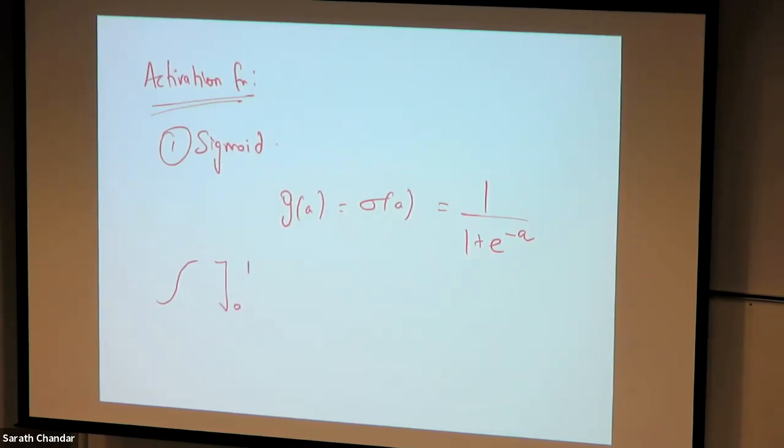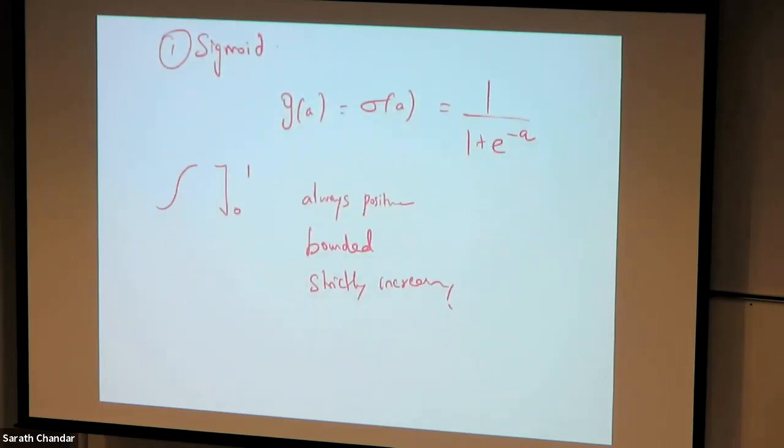We have already seen the properties of sigmoid before. This is always positive, and it is also bounded between 0 and 1, and it is strictly increasing. Is that clear? So this is one example for nonlinearity.